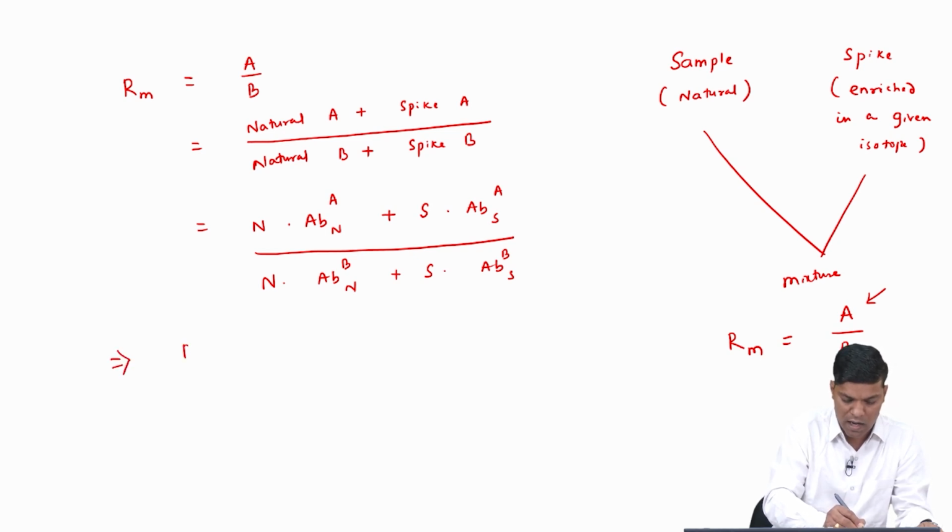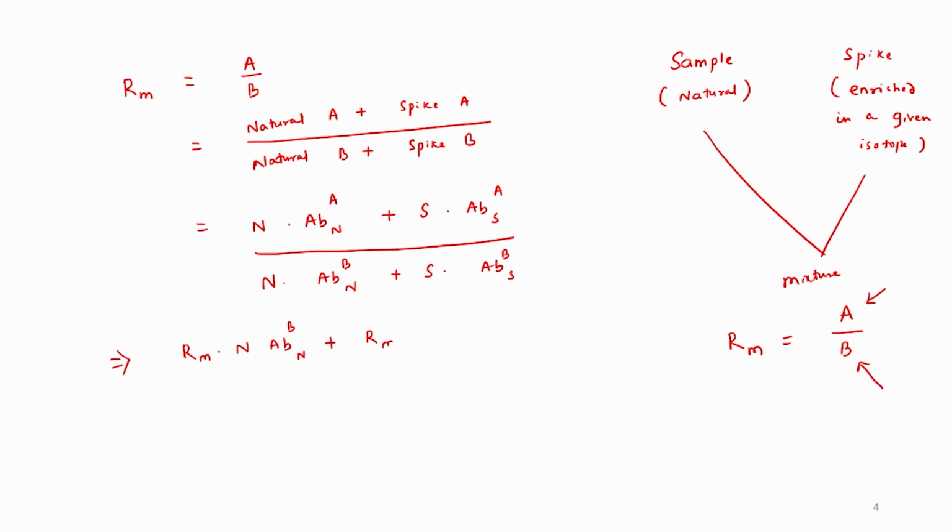So, Rm into abundance B N plus Rm S abundance B S is equal to N abundance A N plus S into abundance A S.